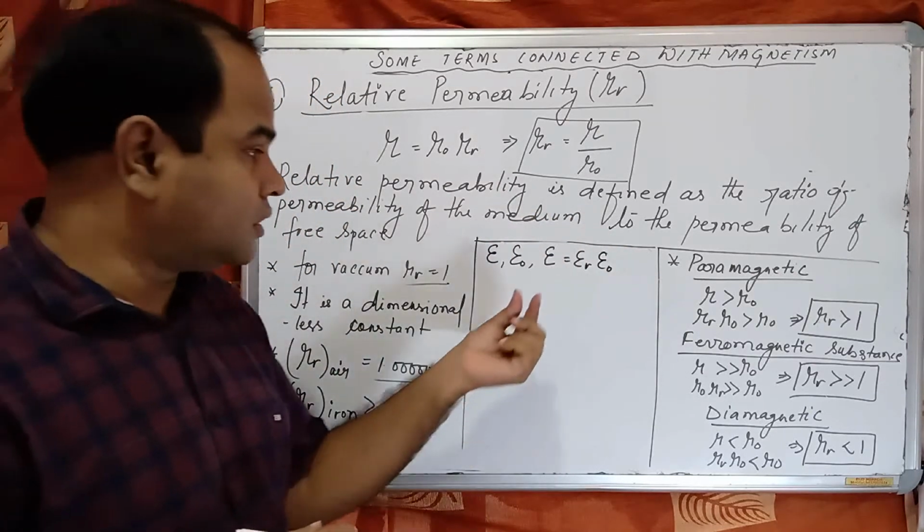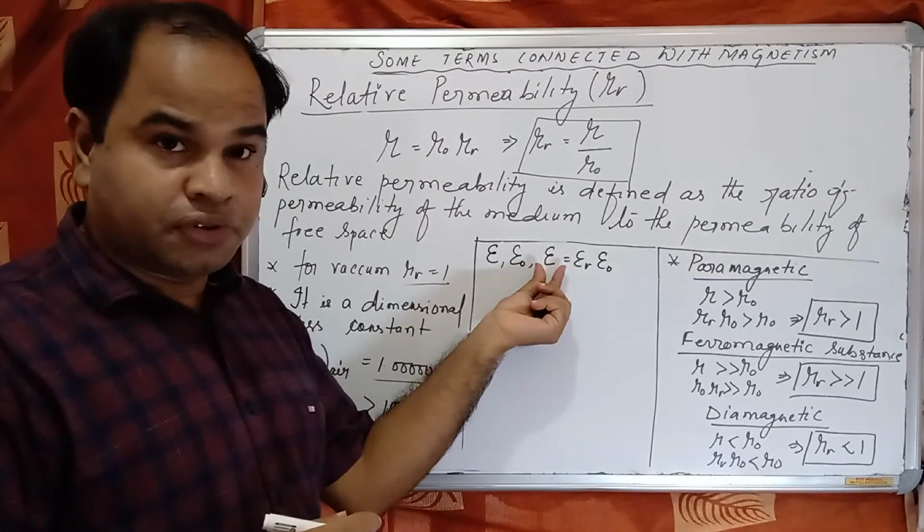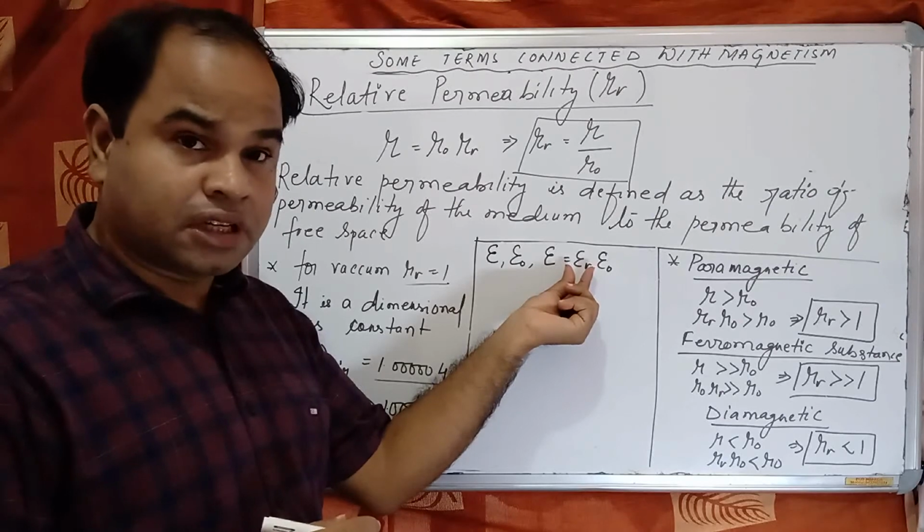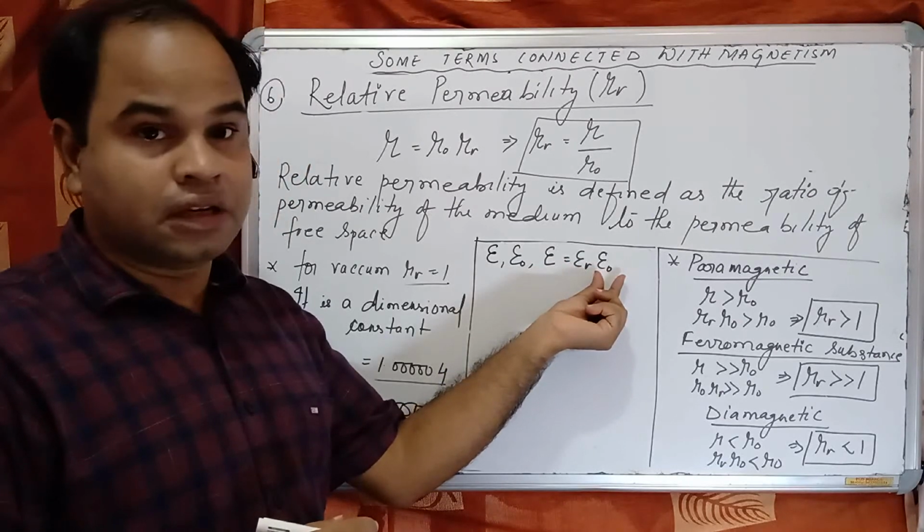So we can say the permittivity of a medium is that many times the number of field lines allowed by air medium.